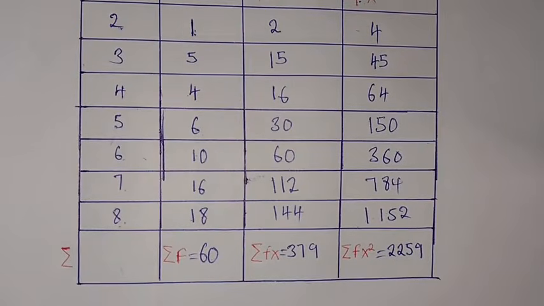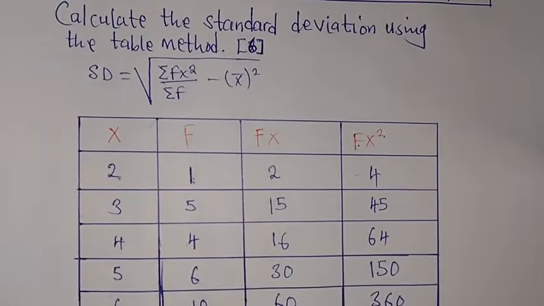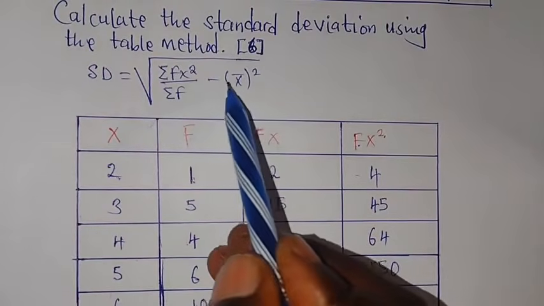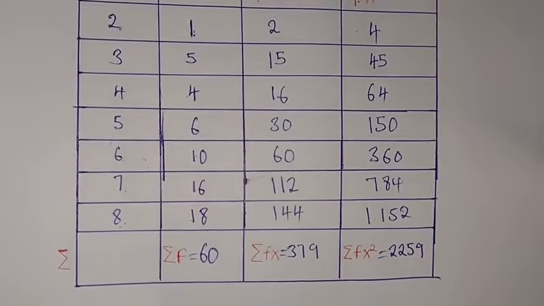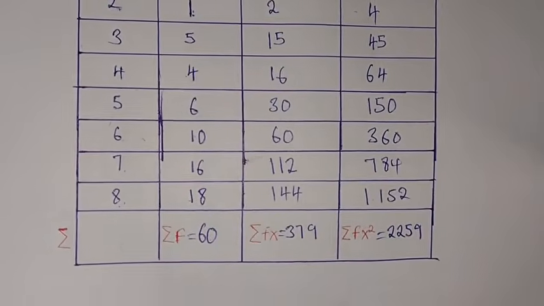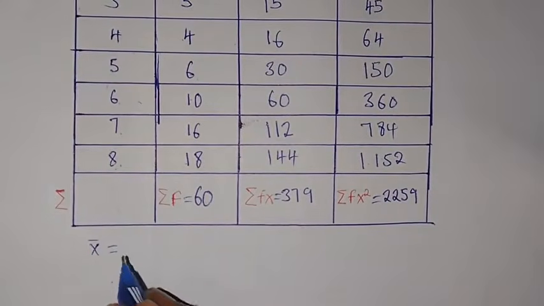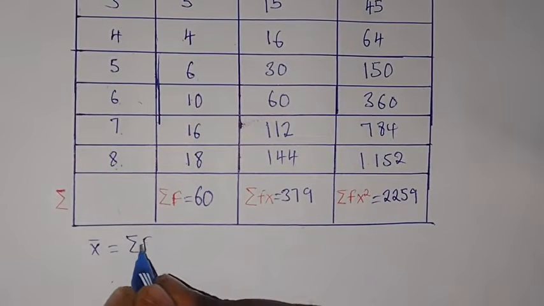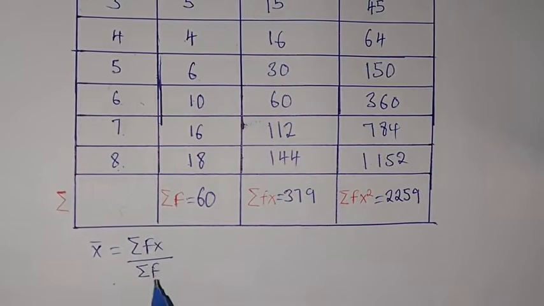Once we are done, we can come back to our formula, which is our table, this one. So here we have mean. So we can calculate for mean. Remember, this is grouped data. The formula for mean is summation of fx over summation of f.